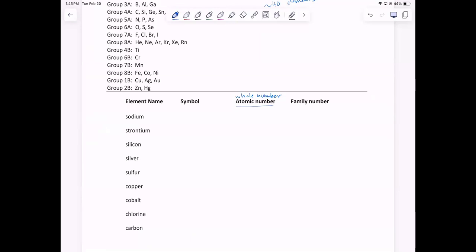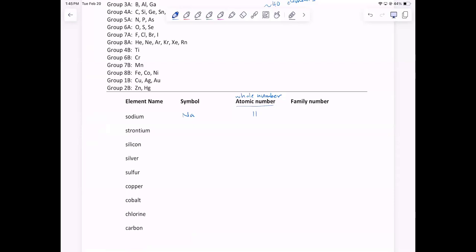So the whole number is always assigned to that element's symbol. Sodium, for example, is Na, and that is the whole number value 11. We'll see later that this atomic number represents the number of protons present in the element.